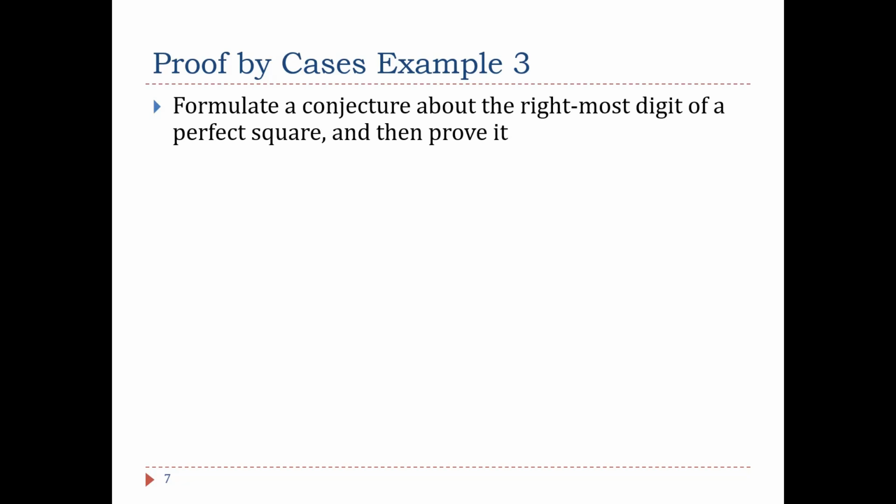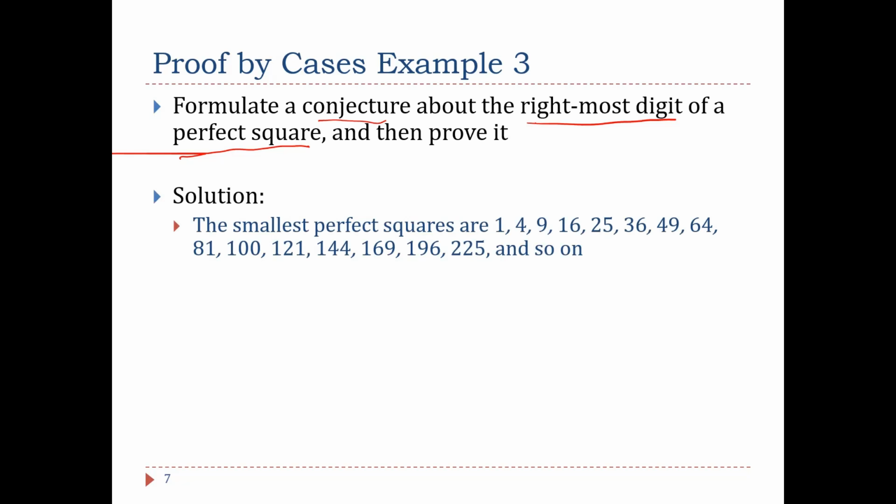Another example in which we won't give you the theorem, but we want you to come up with the conjecture first and then to prove it by cases. So the conjecture that we want you to formulate is about the rightmost digit of a perfect square. What does it mean, a perfect square? So it's about those numbers that are a perfect square of integers.